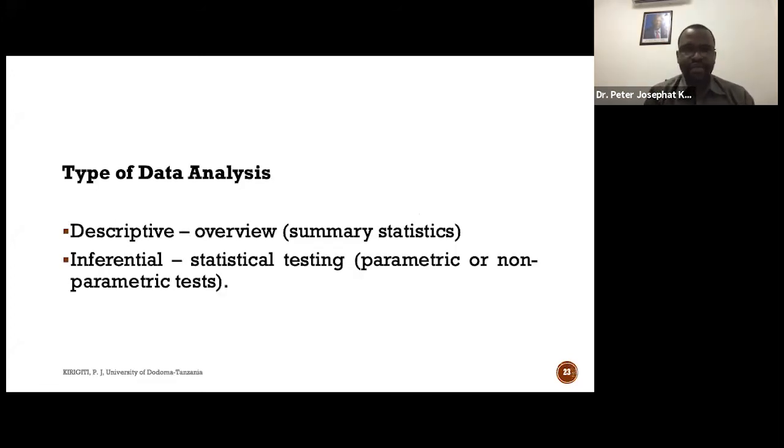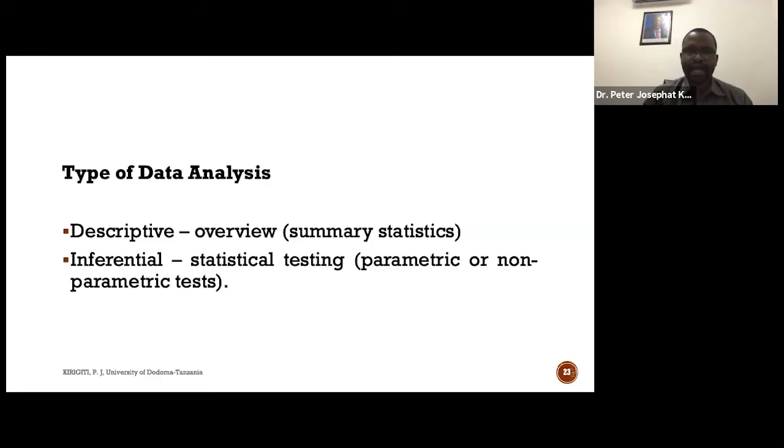Basically, there are two types of analysis. You can go for the descriptive, which is just an overview or the summary of statistics. This is analysis which just gives you an overview of a certain problem. Or you can go for the inferential.